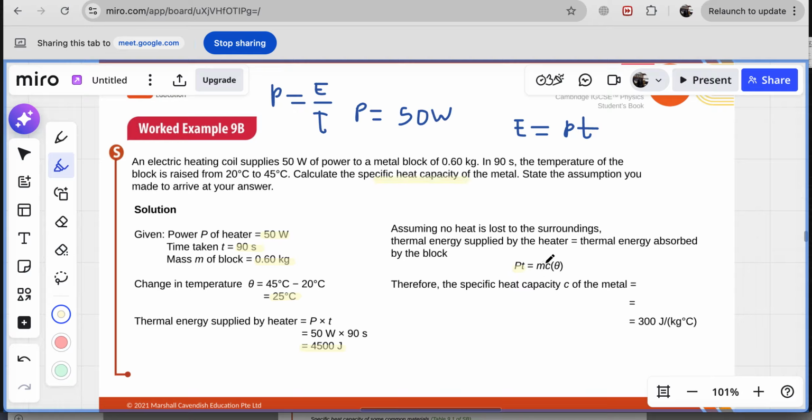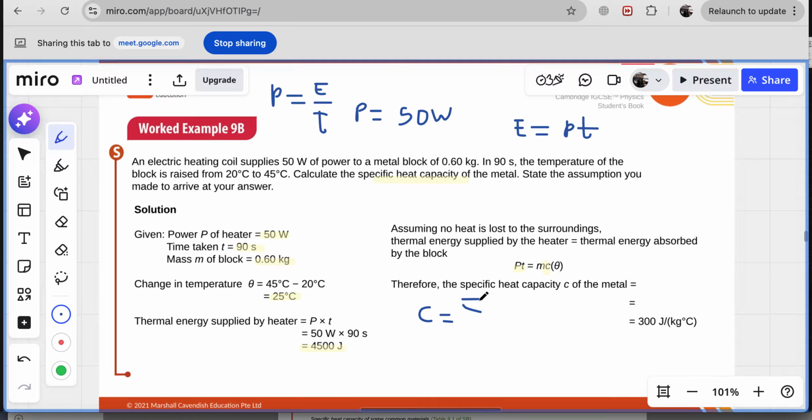The question says we should calculate the specific heat capacity, so we are looking for C, this small c here. You make it the subject of the formula, meaning C equals PT over m times theta, the change in temperature. C is equal to PT, or energy.